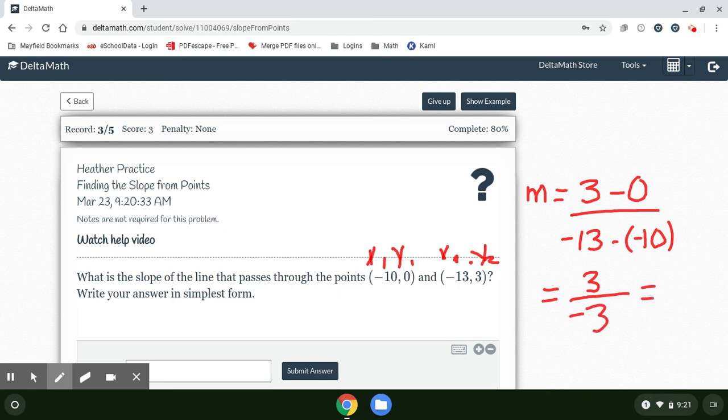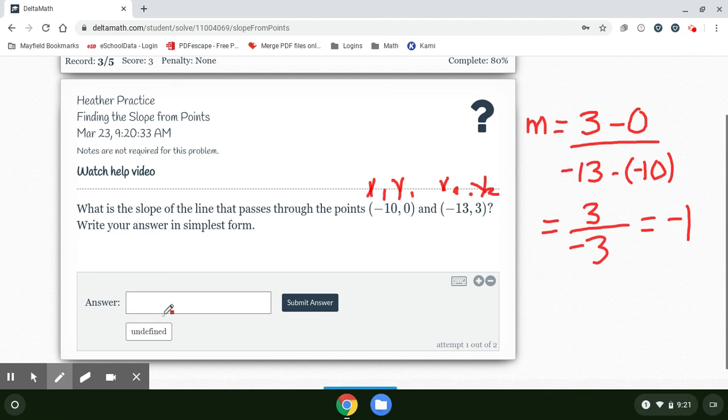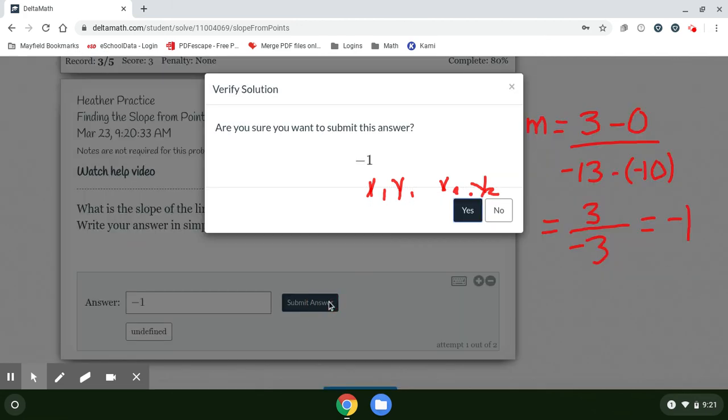Now I can use my calculator if I want to and do 3 divided by -3, and that gives me -1. Yes.